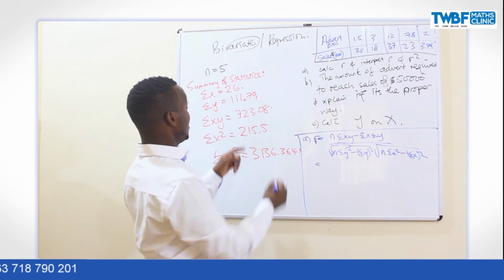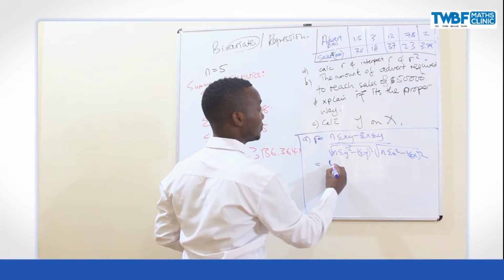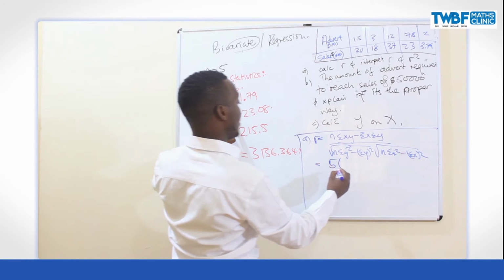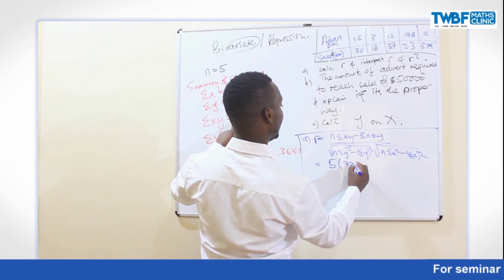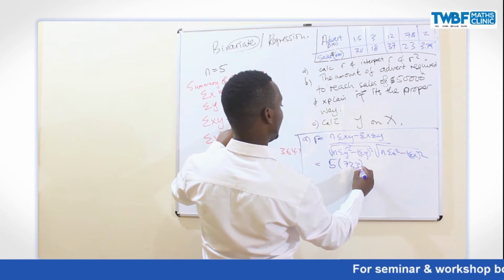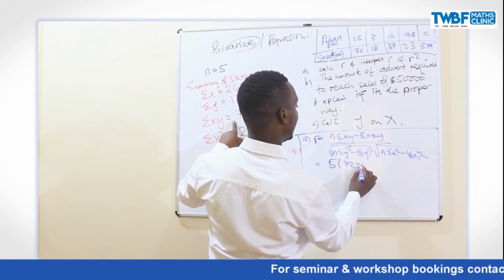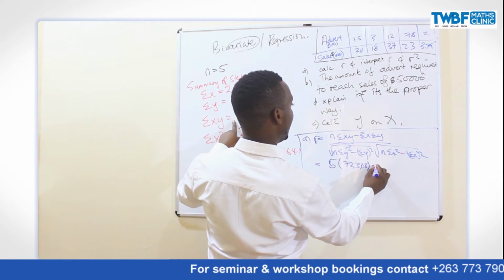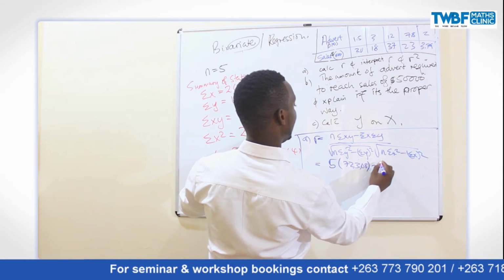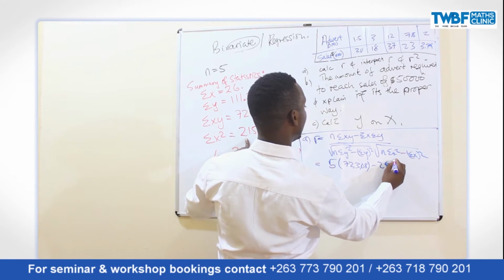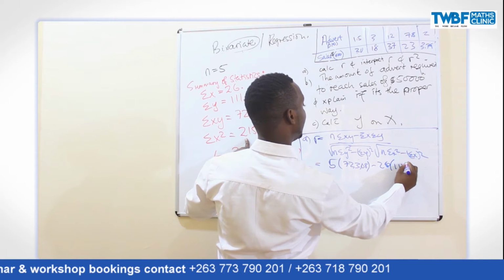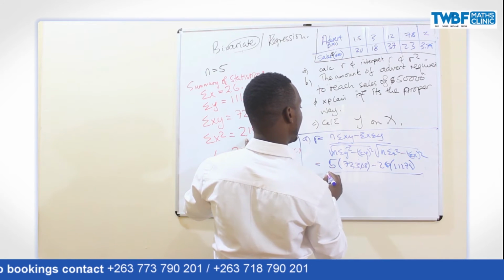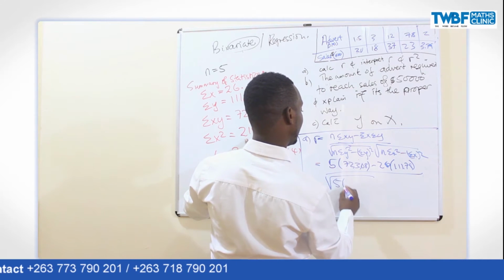You just substitute: n is 5, summation of xy is 723.08, minus summation of x, 26, times summation of y, 111.79, all over square root of 5.